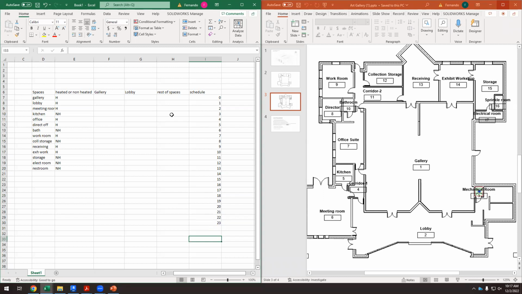Okay, so we have 24 hours. Well, we can start with 1 and finish with 24, or start with 0 and the last one is 23. But we have 24 hours.